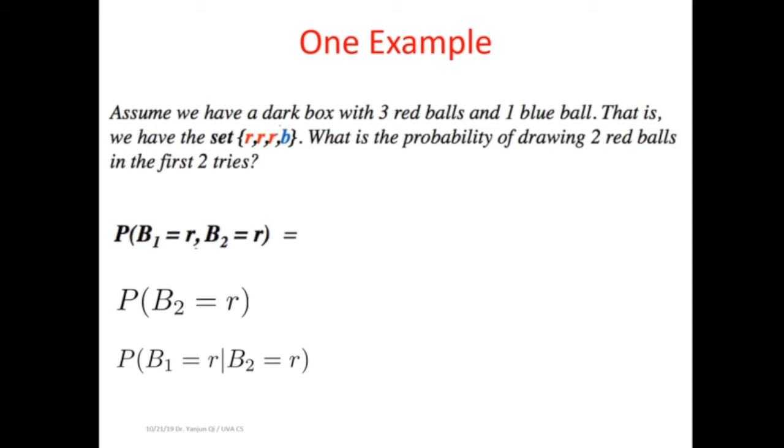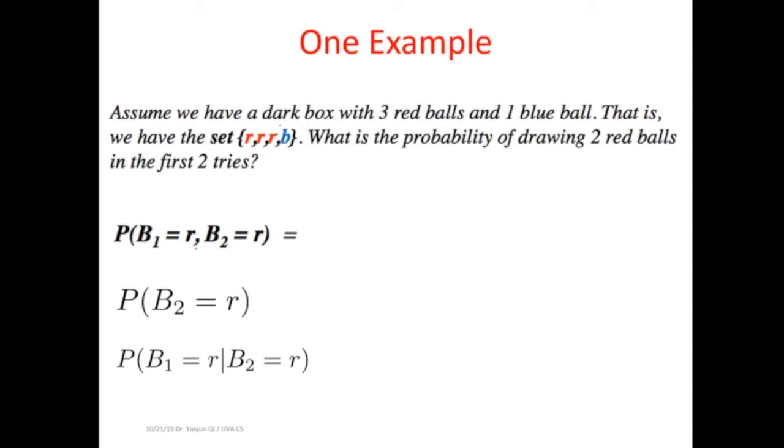All right, so let me make an example now. Assume we are given a dark box with 3 red balls and 1 blue ball, which makes RRRB. What is the probability of drawing 2 red balls in the first 2 tries? How do I directly count that the first ball is red and the second ball is red too?